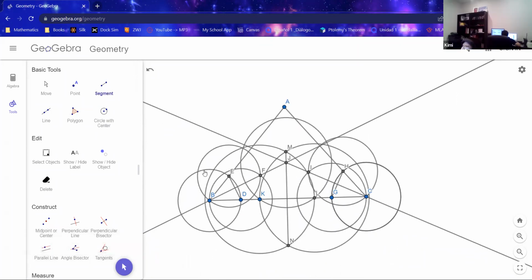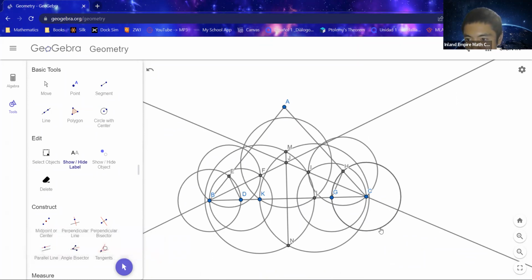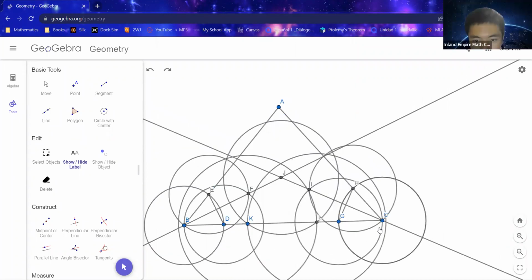I know. I could hide the objects if you want, but I think this looks pretty creative and cool. But if it's too messy, I'll hide the distracting objects. Do you guys want me to hide the objects? Could you hide the outside circles? Because I don't think we really need the outside circles. Of course.